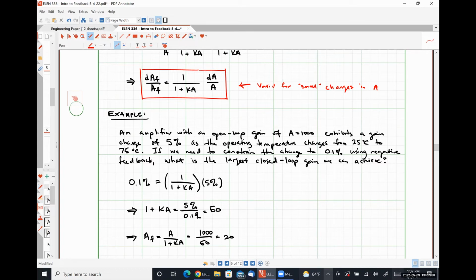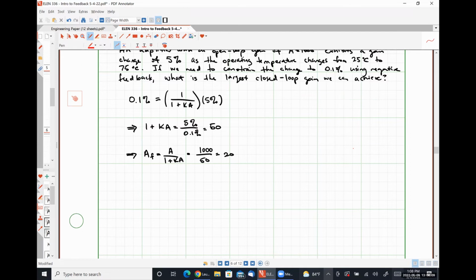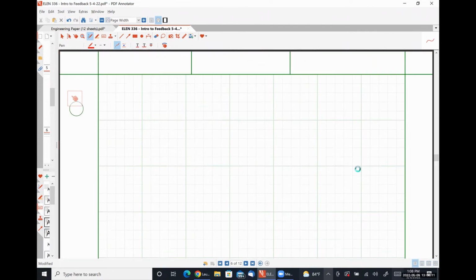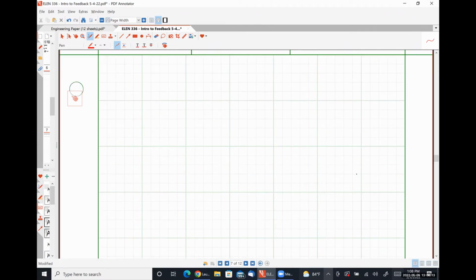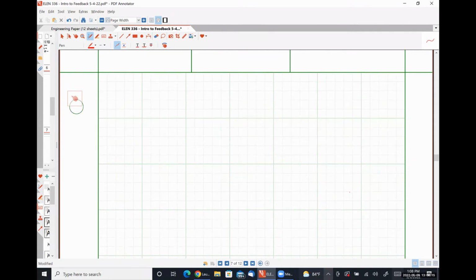Okay, so use this equation with a grain of salt. I would say that 20% change is probably the maximum that you can comfortably do for most values of loop gain. All right. So let's look at the second example where we have a relatively large change, and have to use the more direct approach.